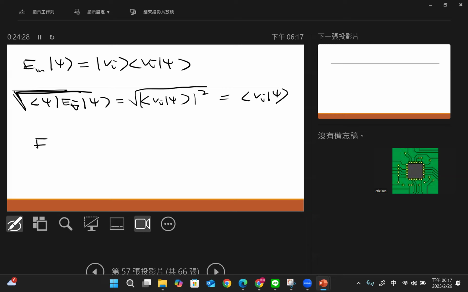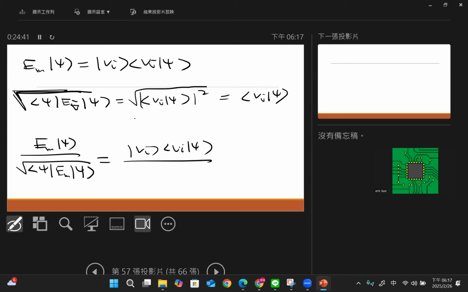So in this case, the post-measurement state will be just V_i, and the numerator and denominator are the same. Nice, so we get V_i. This is the same as the previous level 2 measurement.